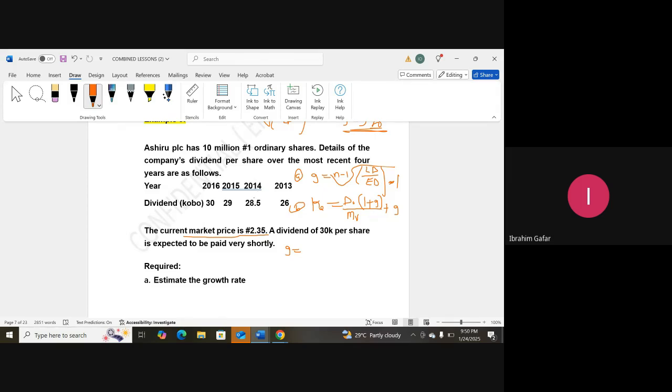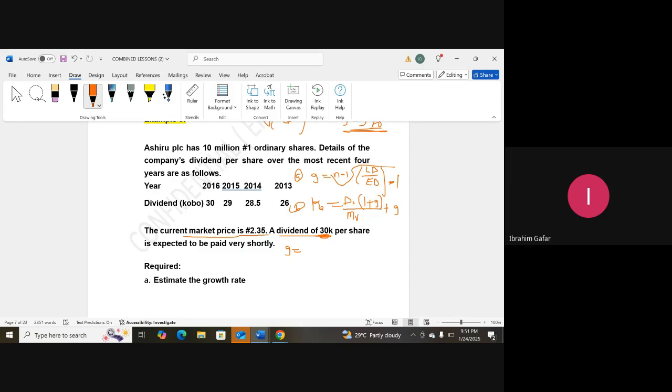So this is 13, 14, 15, 16. And let me now bust your brain. Look at this 30 kobo that you see here. A dividend of 30 kobo per share is expected very shortly.